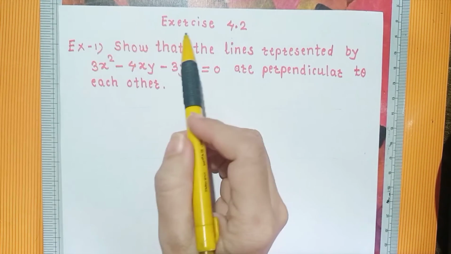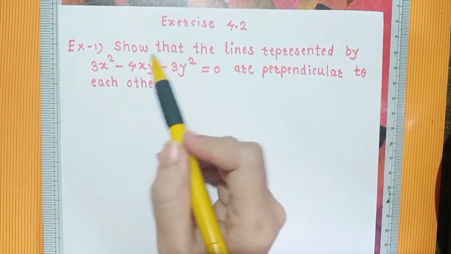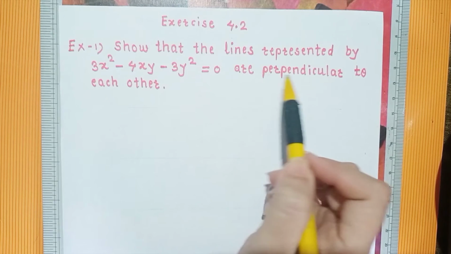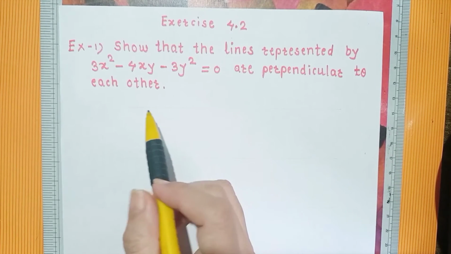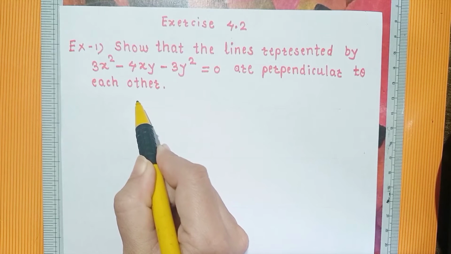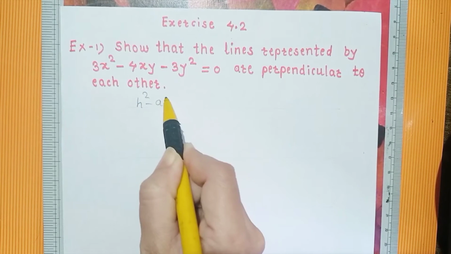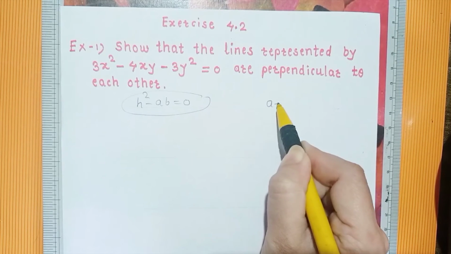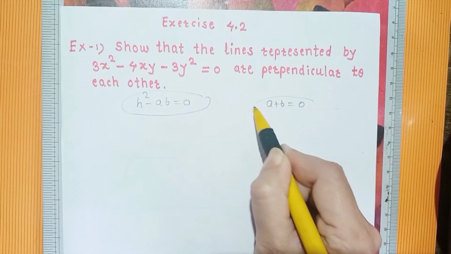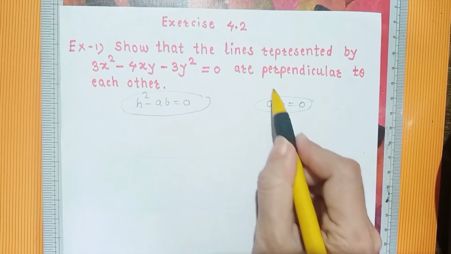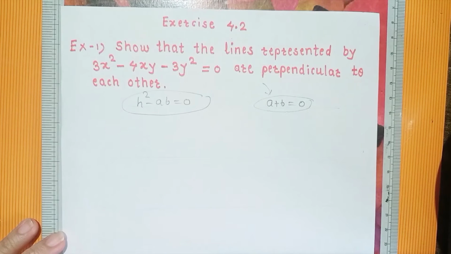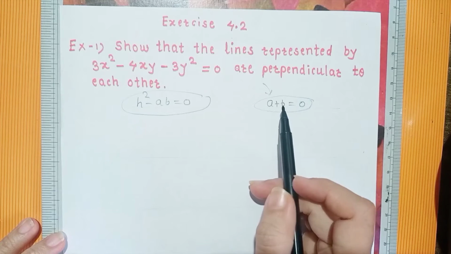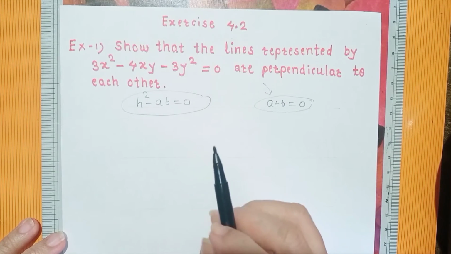Let's solve the first example from exercise 4.2: show that the lines represented by this equation are perpendicular to each other. We have just seen in the remark that if h square minus ab equal to 0, then lines are coincident, and if a plus b equal to 0, then lines are perpendicular. So we will prove this. That means if we prove a plus b equal to 0, then we can say that these lines are perpendicular.